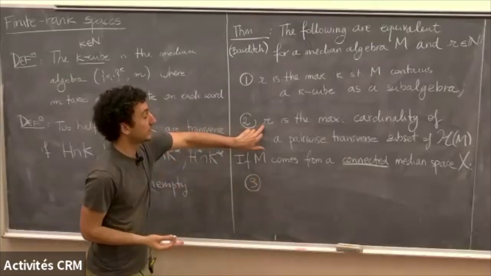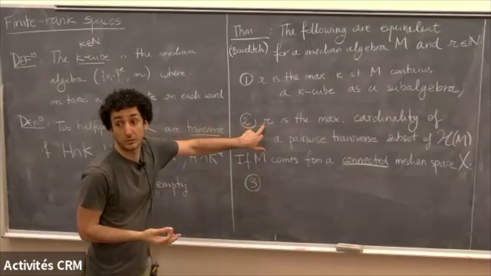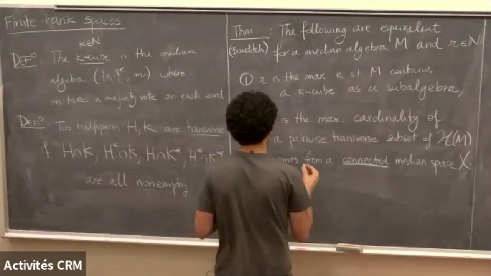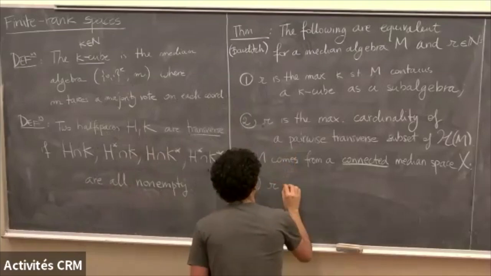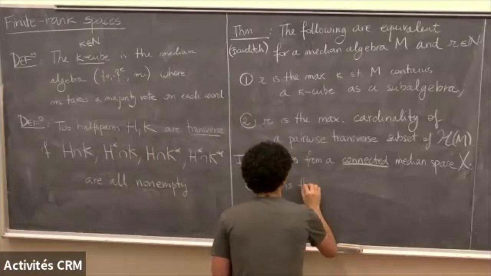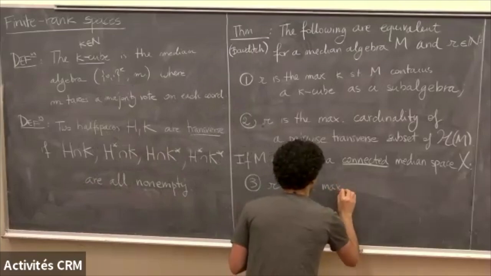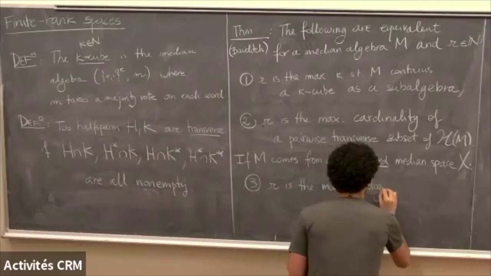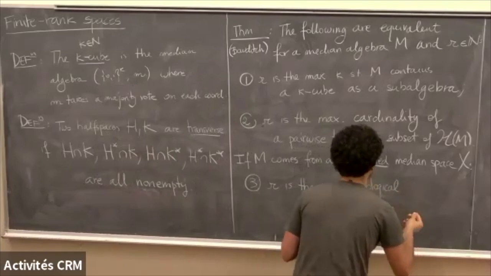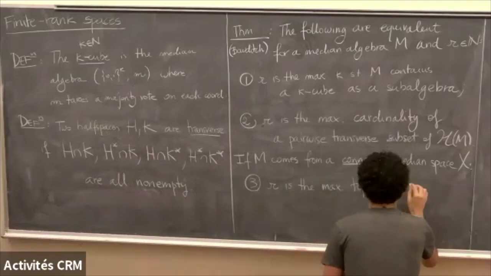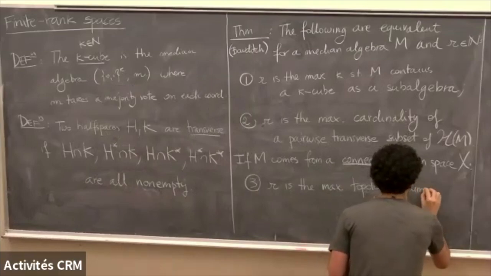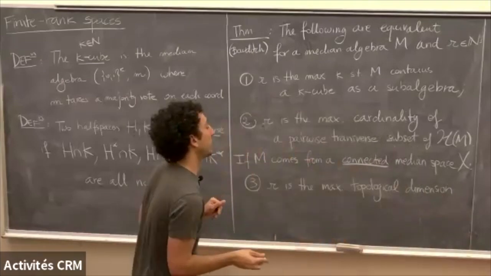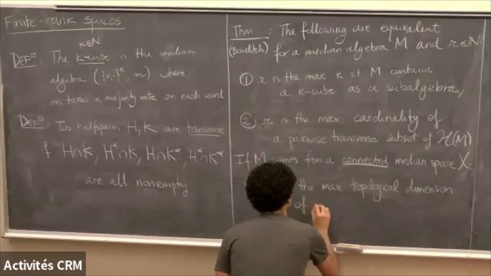R is basically the topological dimension, though you need to be careful about spaces not being locally compact. So R is the maximum topological dimension, also called Lebesgue covering dimension, of a locally compact subset.